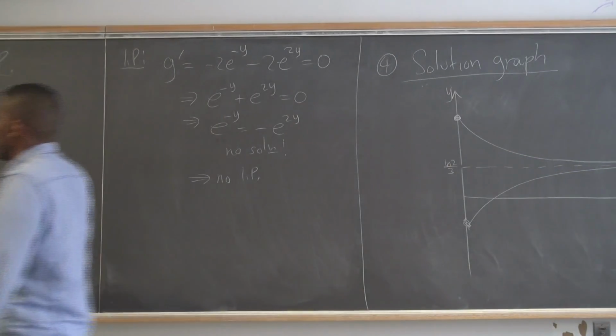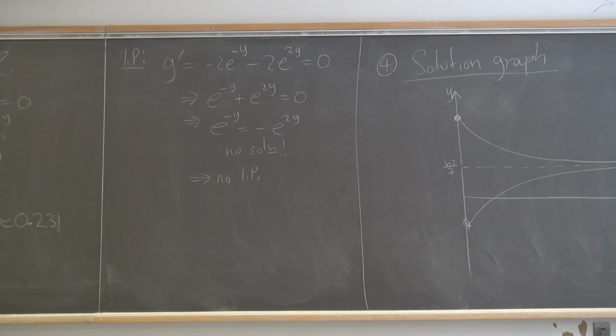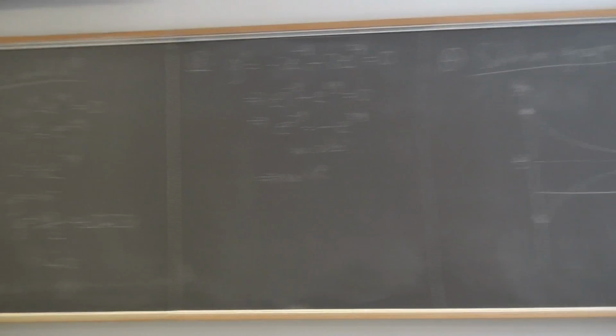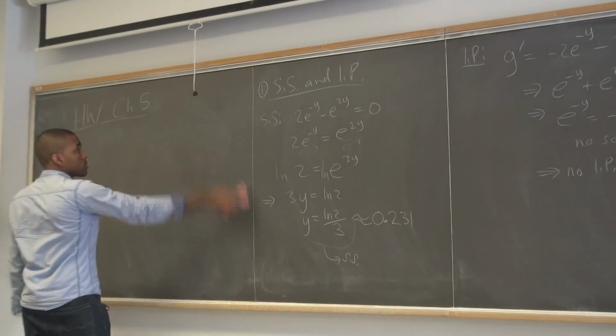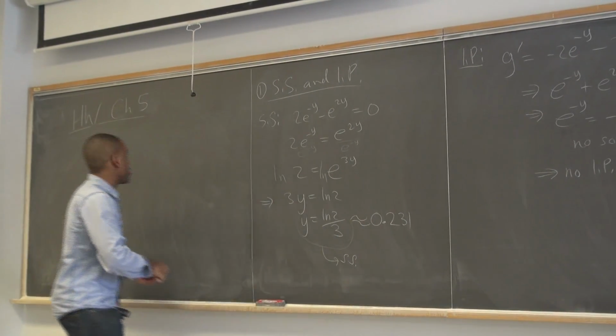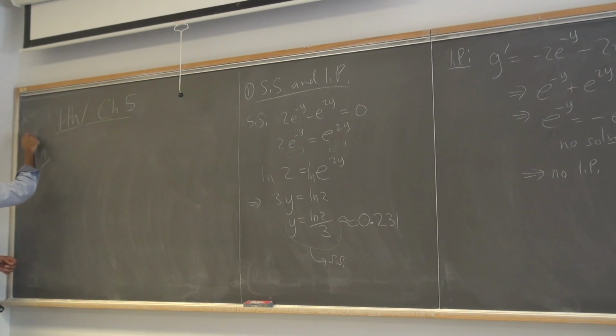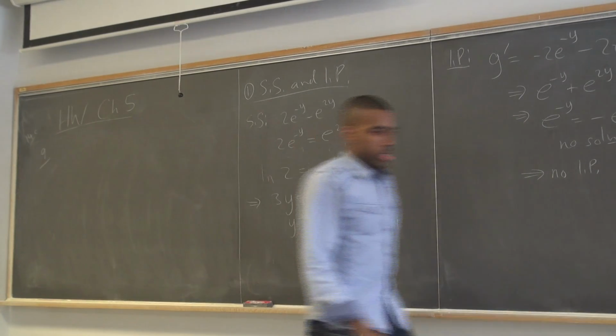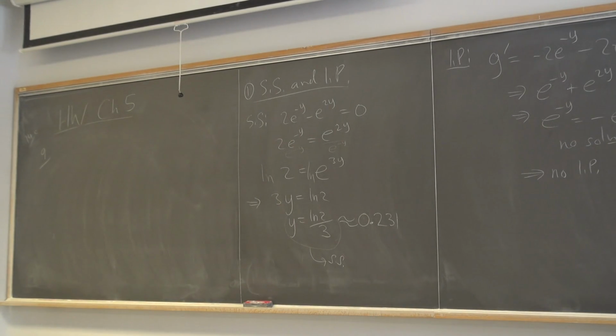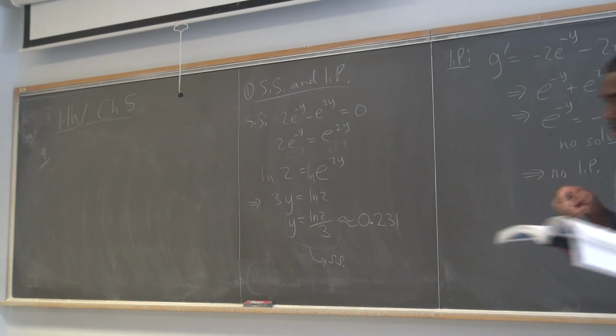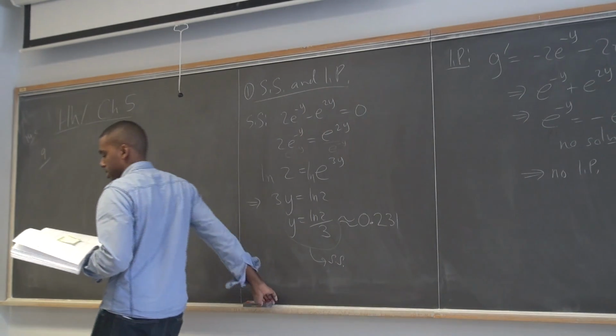Questions on homework from chapter 5? Someone said number 9, I heard, and 14C. Okay, let's see what number 9 says. So this is a logistic model, right? I know because they told me the carrying capacity, K equals 300.